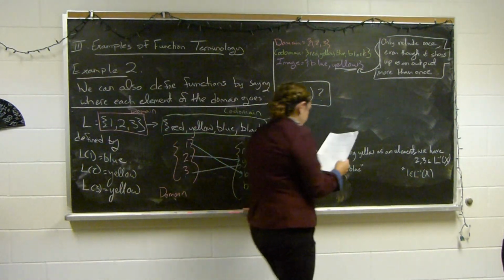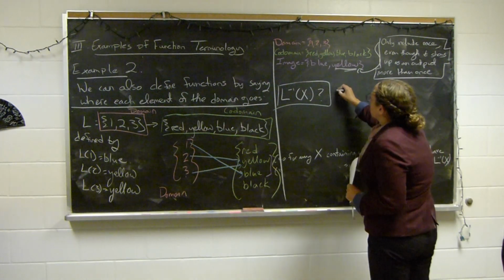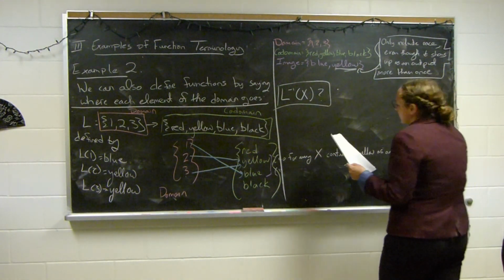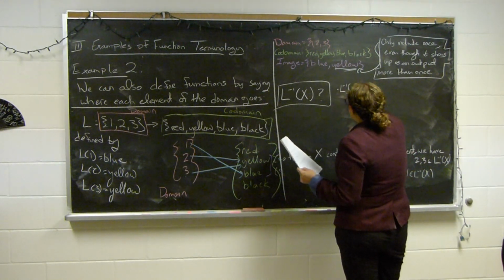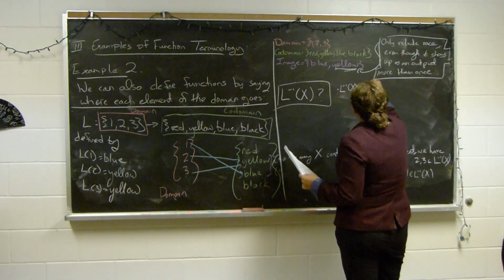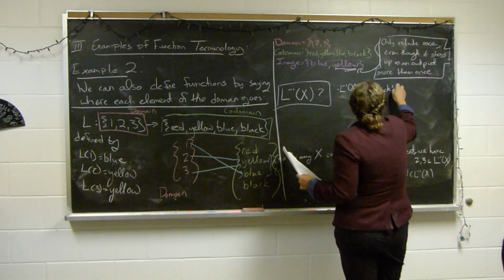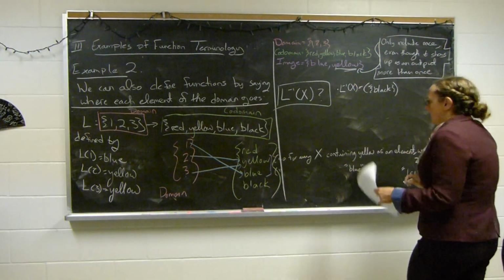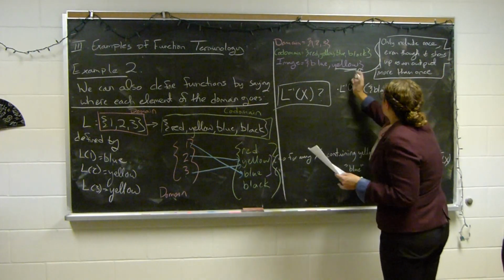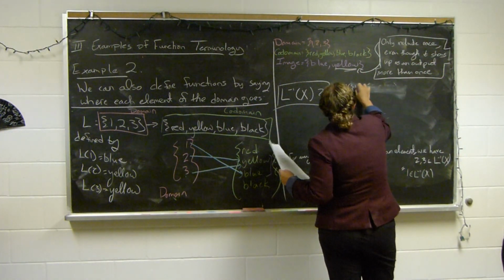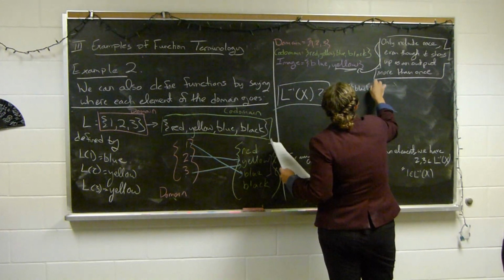So I'm going to use these two pieces of information, and if I want to take L inverse of X, sorry, I wrote this incorrectly. I meant to say X is going to be the set that just contains black.